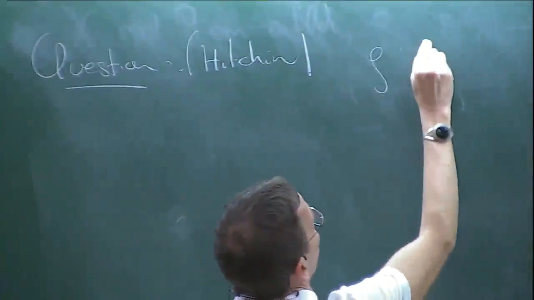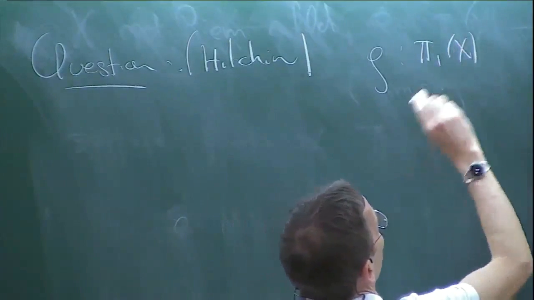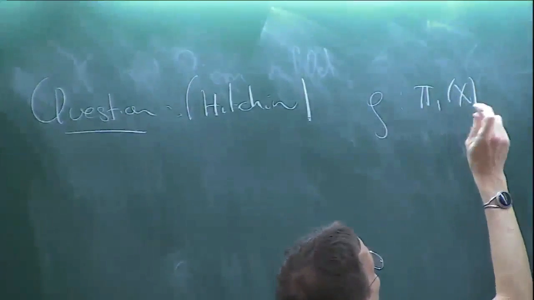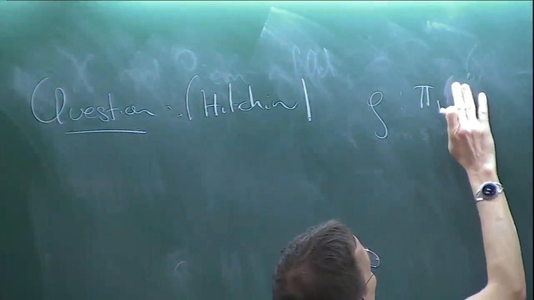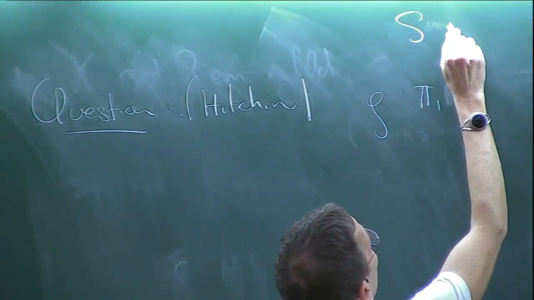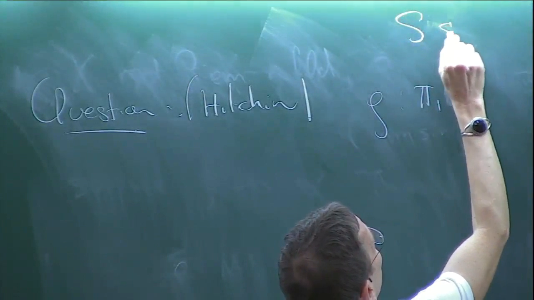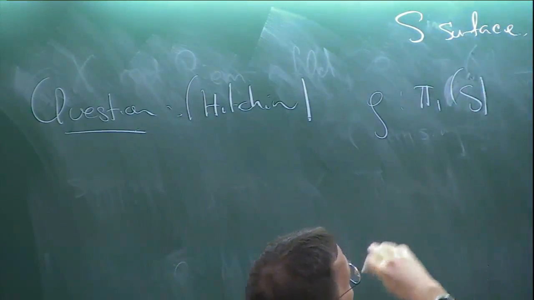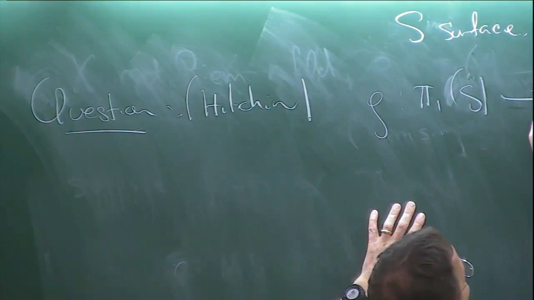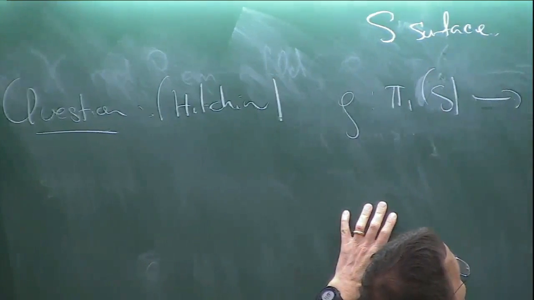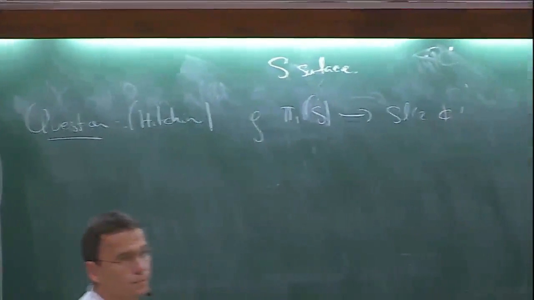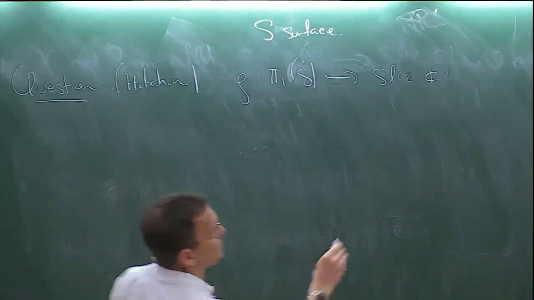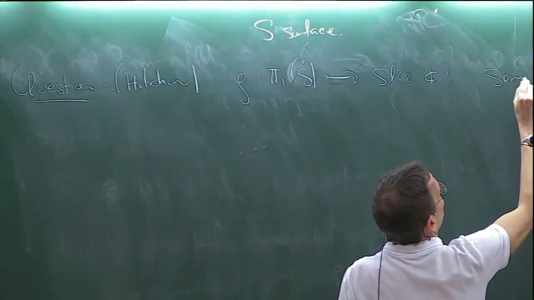Suppose I take a representation. Let S be a closed oriented surface, just to free myself up from the Riemann surface here. So let's take a representation in SL2C, and let's assume that it's semi-simple because I'm always thinking of the moduli space.